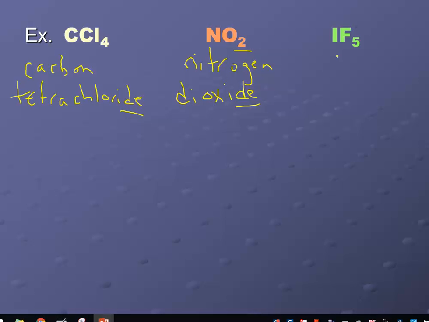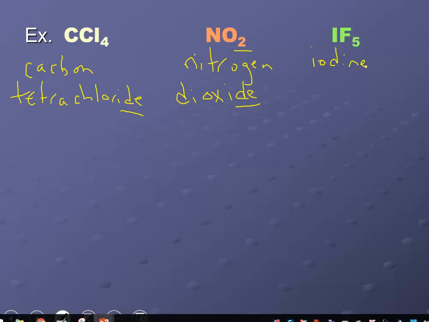Now, you look at this one and see if you can figure out what it is. IF5. I'll give you a second to look at that. Okay, so hopefully you realize that that's iodine.